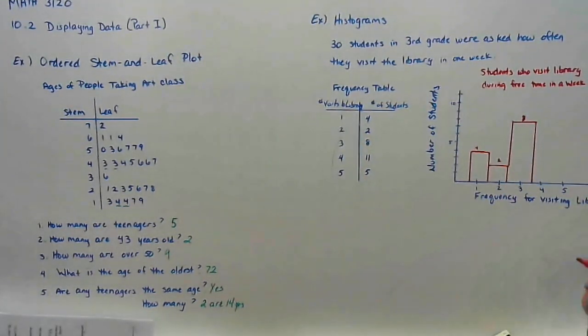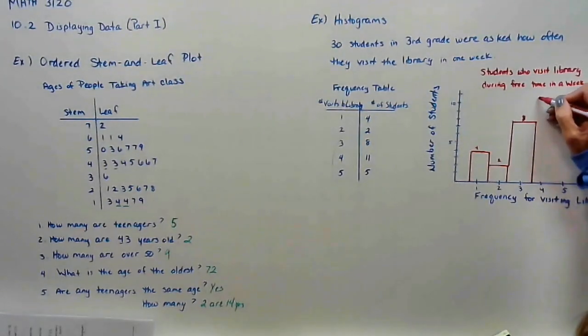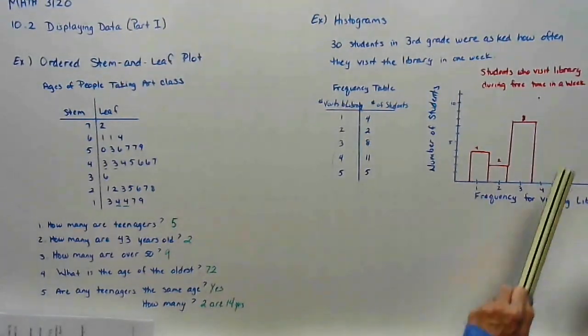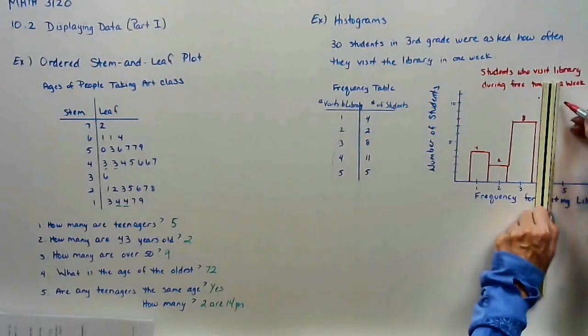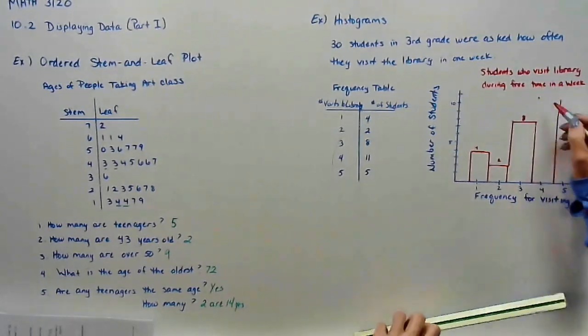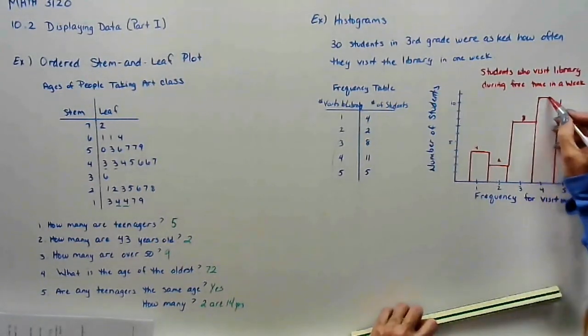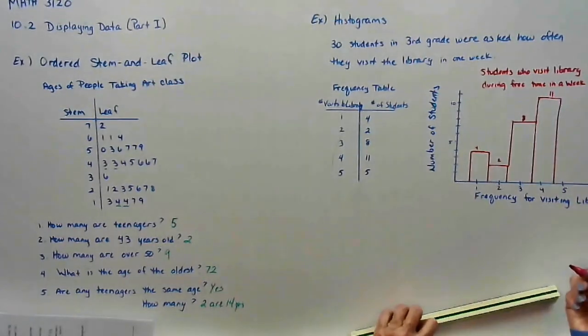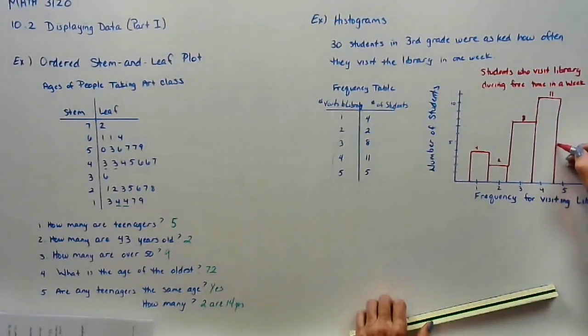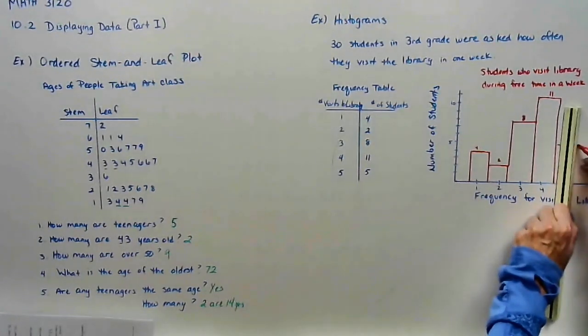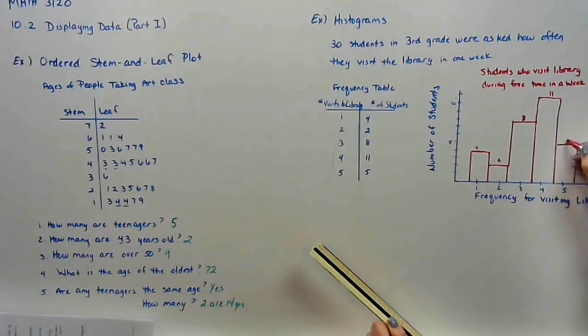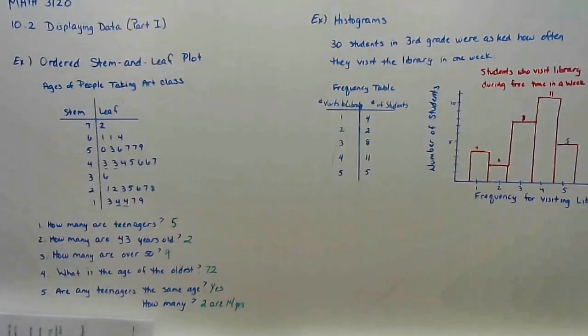Then we go to 11, 9, 10, 11. And remember, the key is to keep these all connected. So these are all connected. And then we finish off with 5. Right about there. So I like to put the little numbers, it's easier to read. And that's a histogram. So they're all connected together.